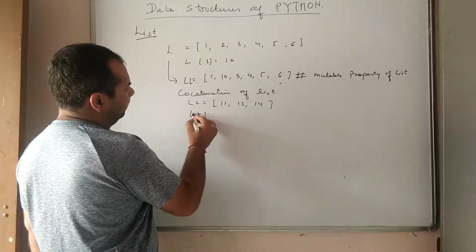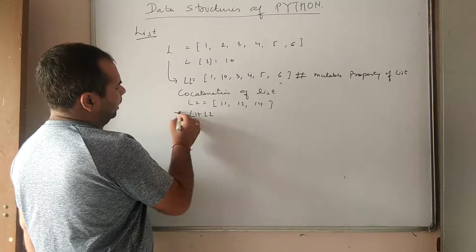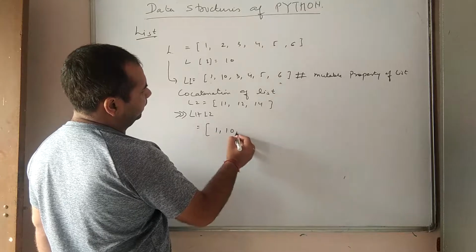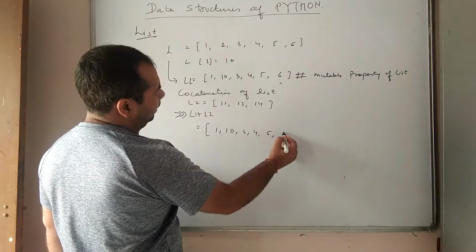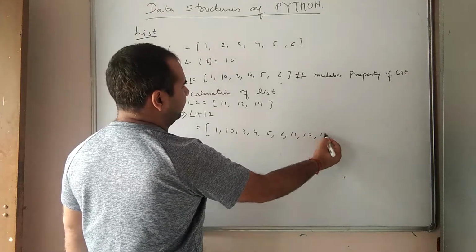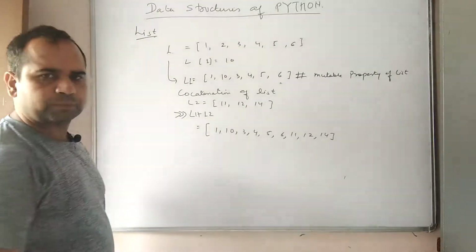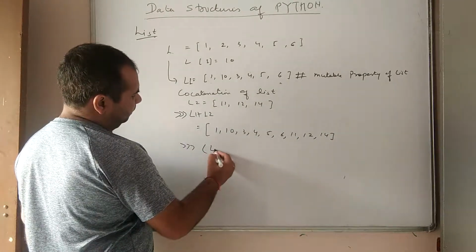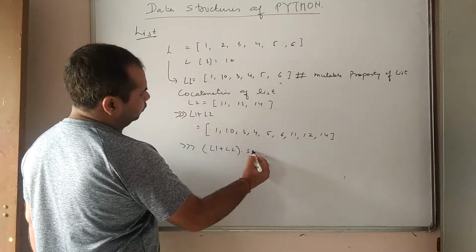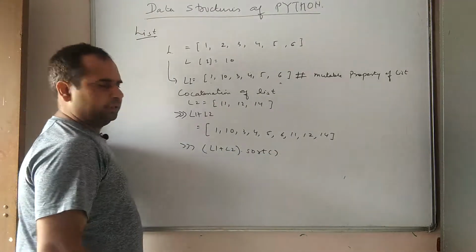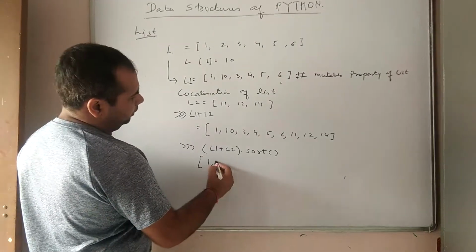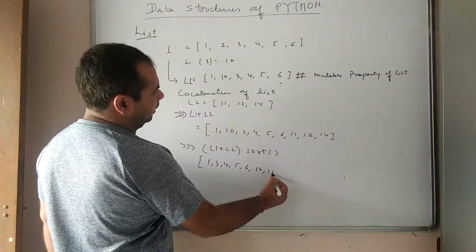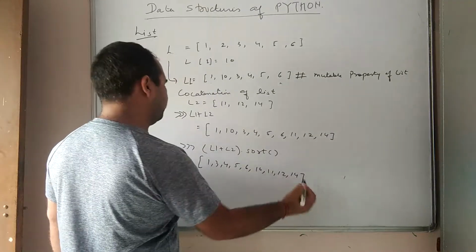When you print L1 plus L2 in the command prompt, you will get 1, 10, 3, 4, 5, 6, 11, 12 and 14, right? Now if you print L1 plus L2 dot sort, then your whole list will get sorted: 1, 3, 4, 5, 6, 10, 11, 12 and 14.